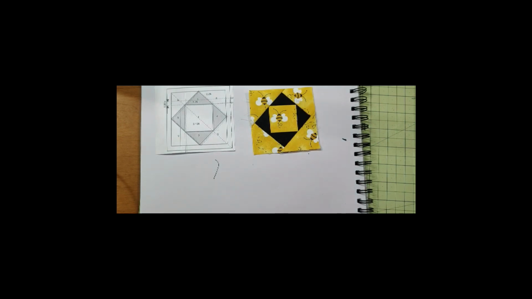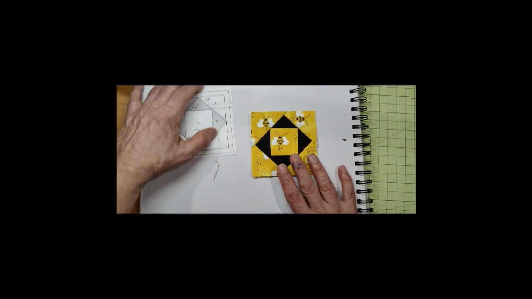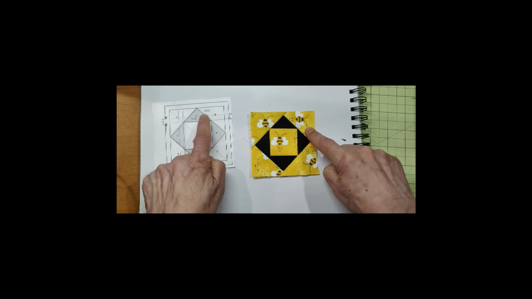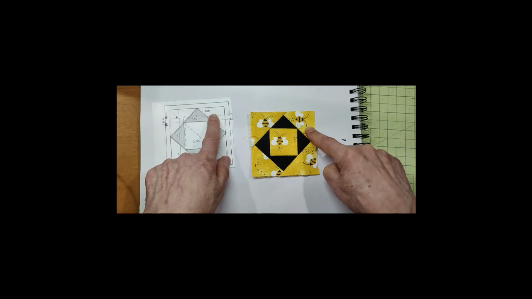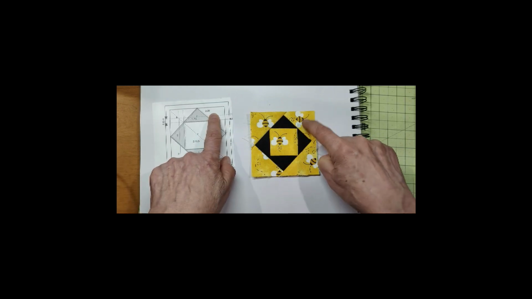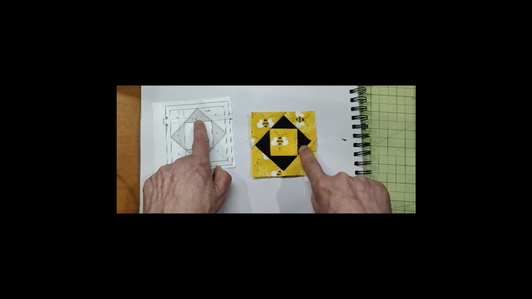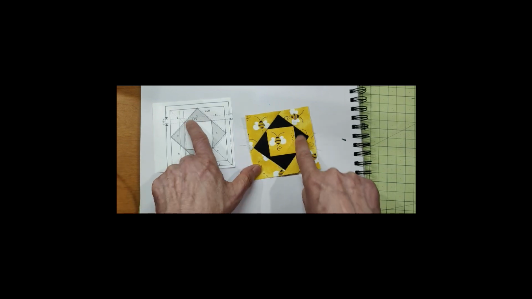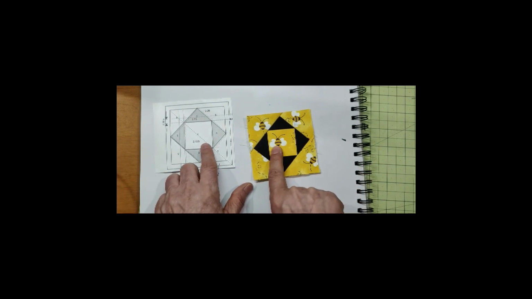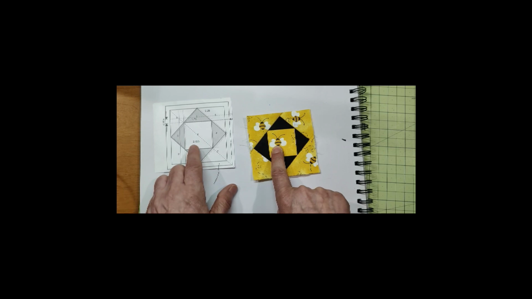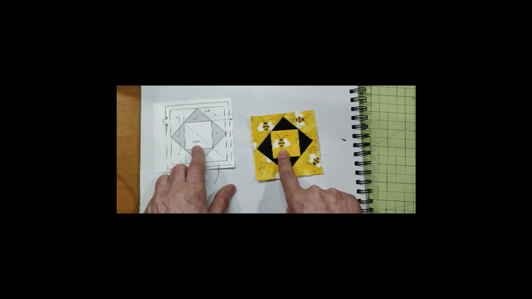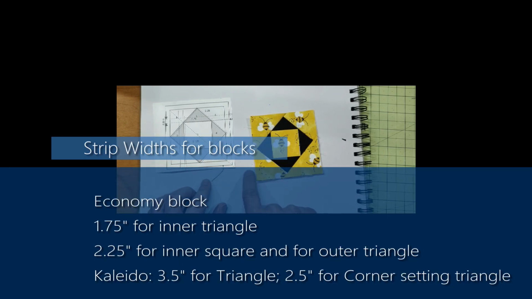So when I'm evaluating my scraps, I know that I need a 2 1/4 inch strip to make this outer. I need 1.75 to make this inner, and I need 2 1/4, not 2 1/8, to make this interior. So these are the three numbers that I need for that.